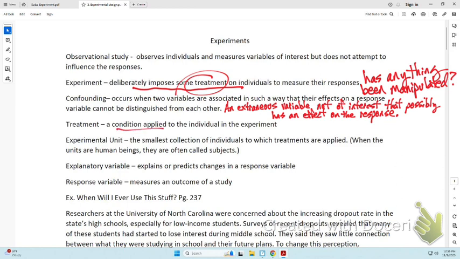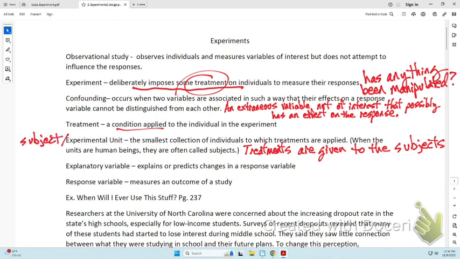Experimental unit, this is where treatments are given to the subjects. And subjects is another way of identifying experimental unit, which is typed there, but I mean, you can add the word subject to this if you want.